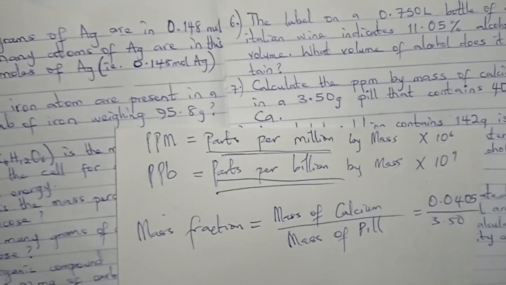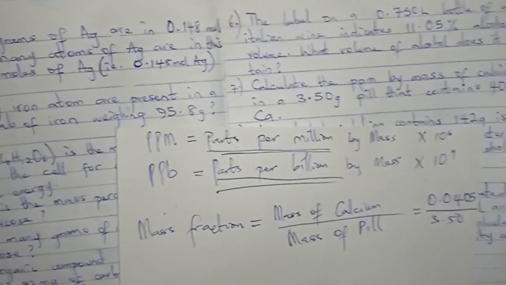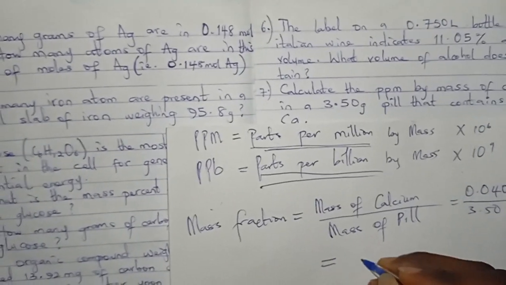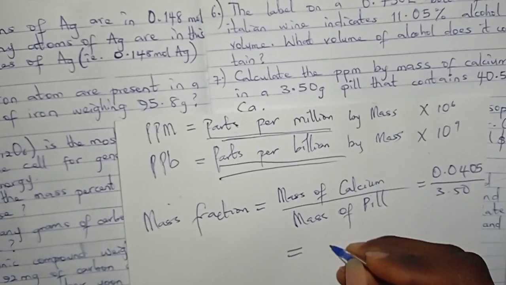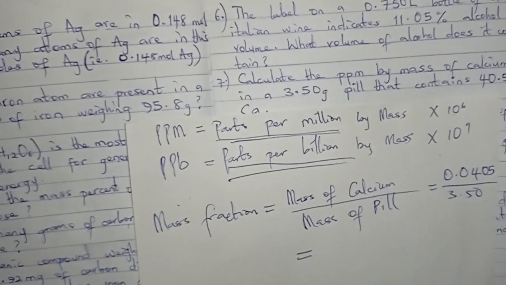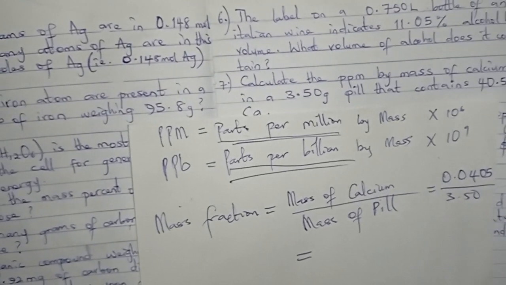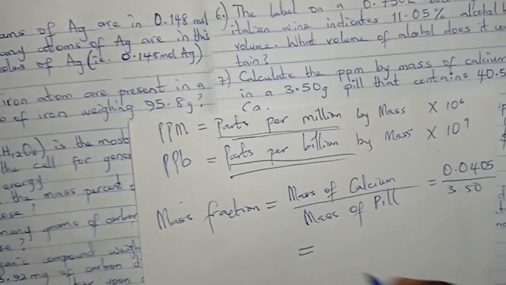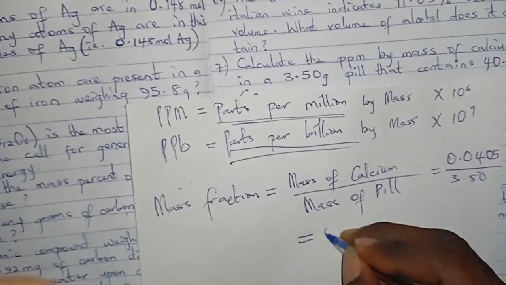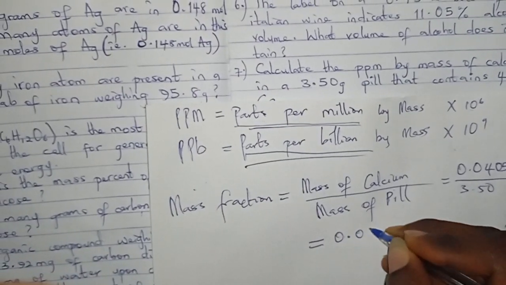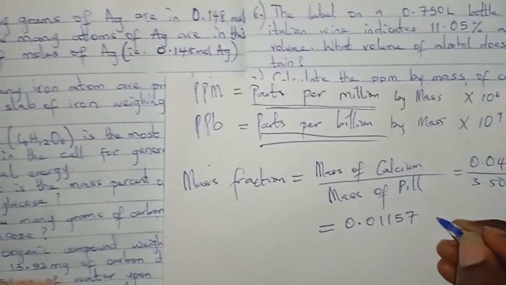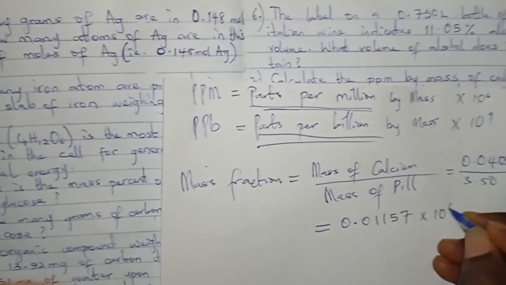So if I divide 0.0405 by 3.50, I am getting around 0.01157. So times it by 10 raised to power 6.